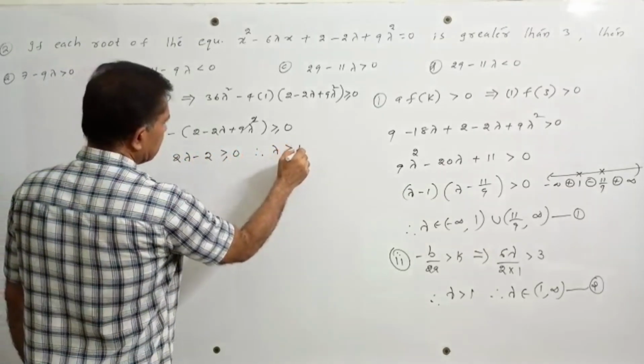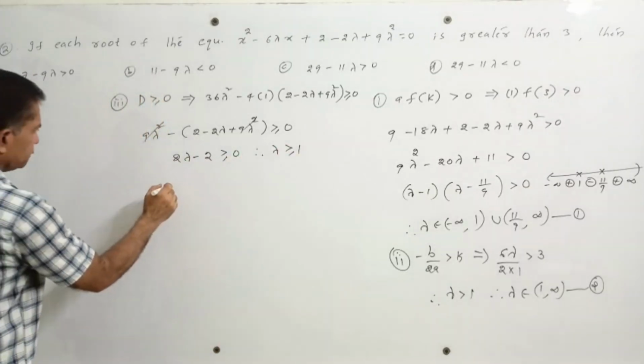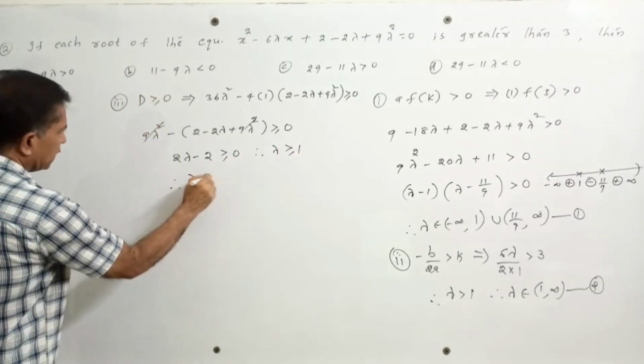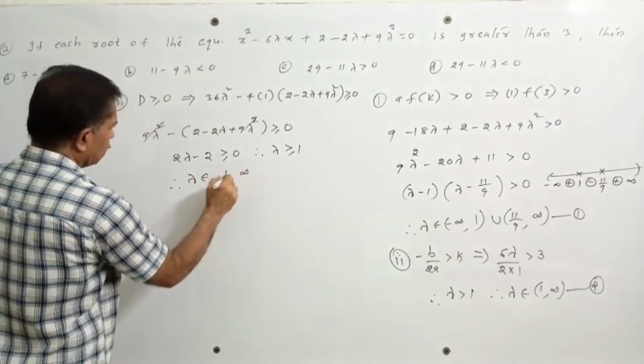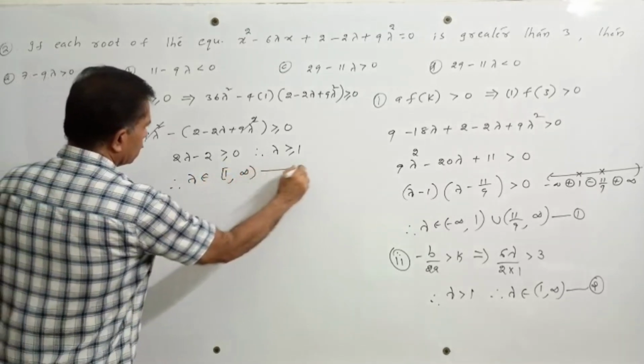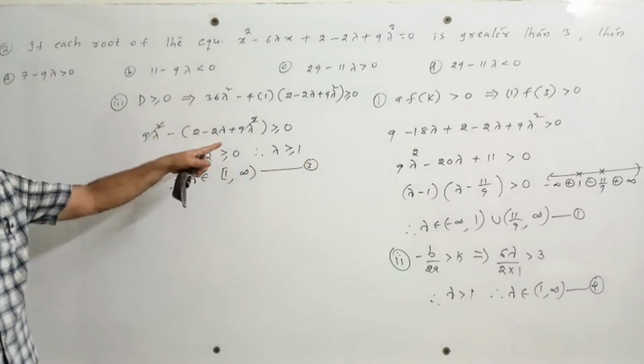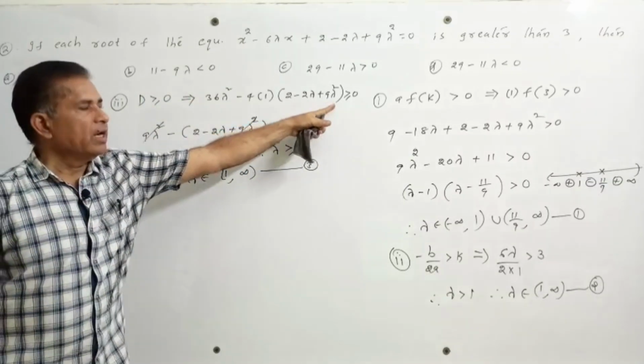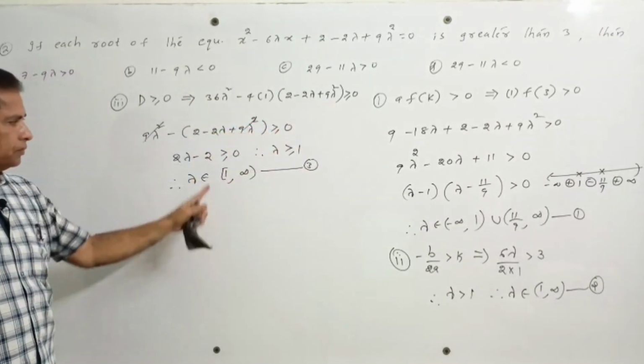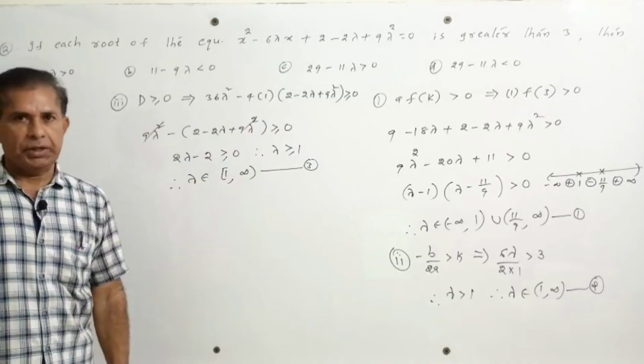Therefore, lambda greater than or equal to 1. That means lambda lies in the interval 1 to infinity. 1 is closed because I took discriminant greater than or equal to 0.